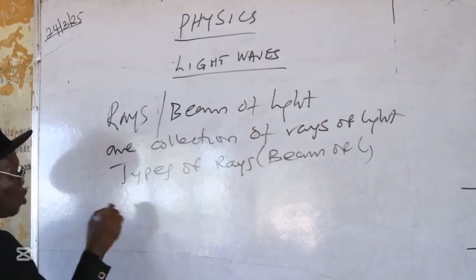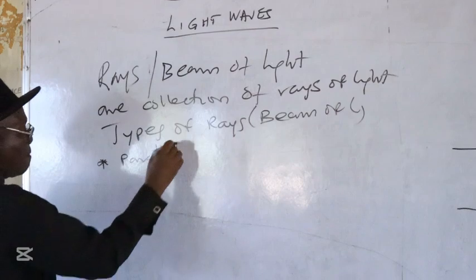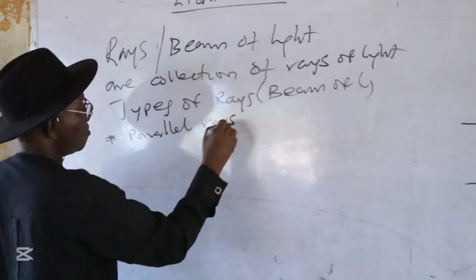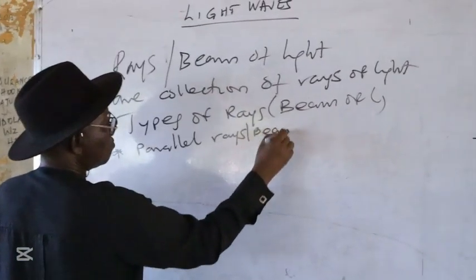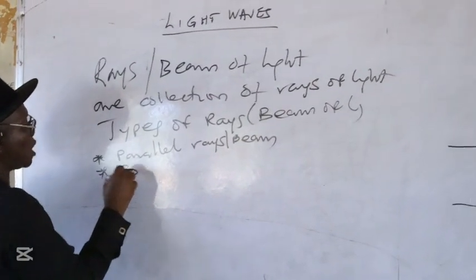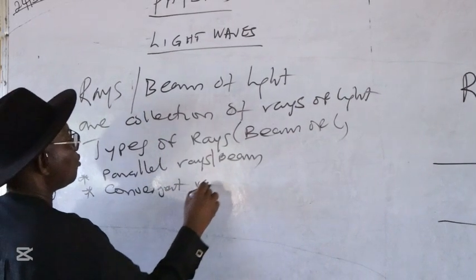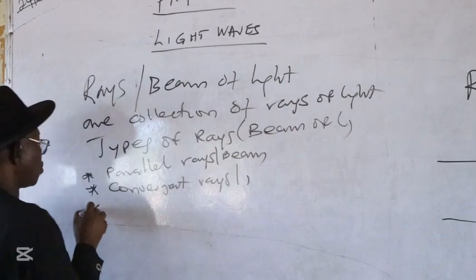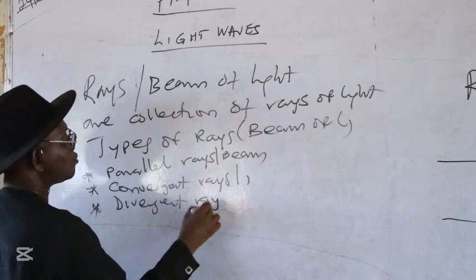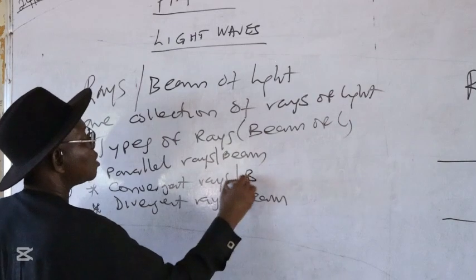By their nature, we have parallel rays or beam. The next one is convergence rays or beam, and the third one is divergence rays or beam of light.